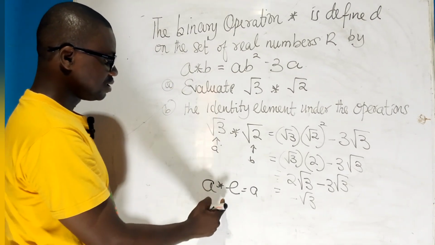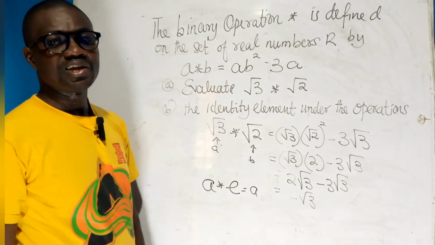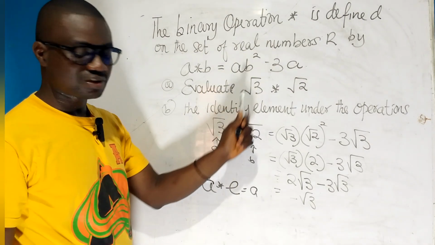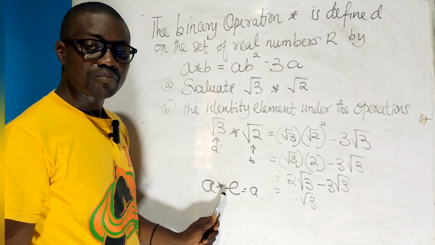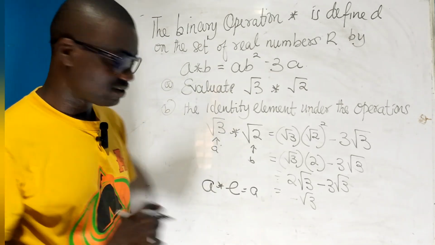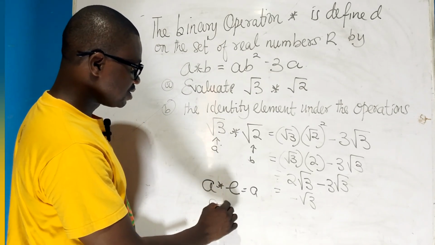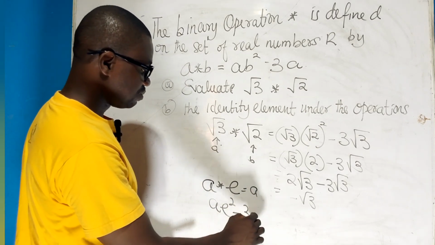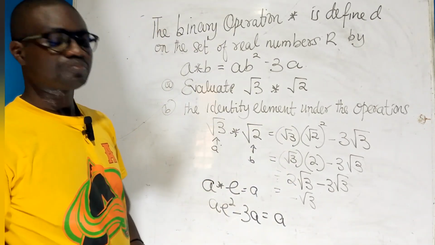Here, the B is now replacing the E, which is the identity element. So as you substitute this expression, you make the identity element the subject. That is the target. So from here, I'm going to have A times E squared minus 3 times A is equal to A.